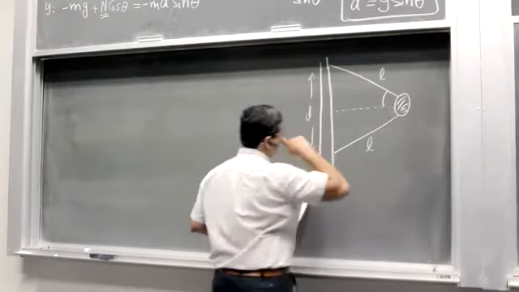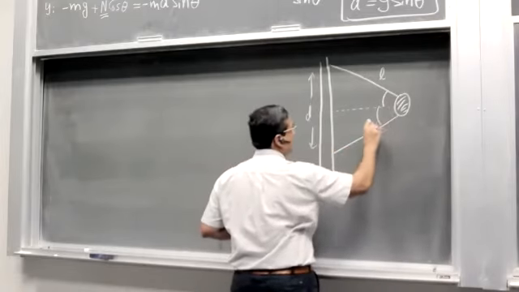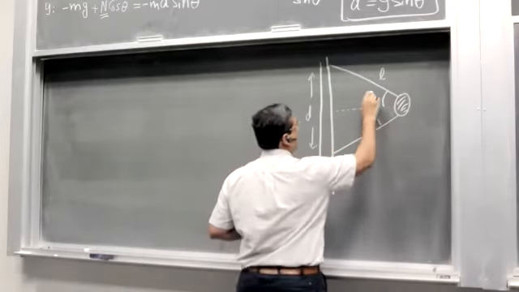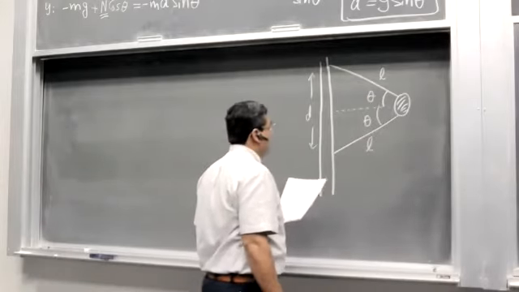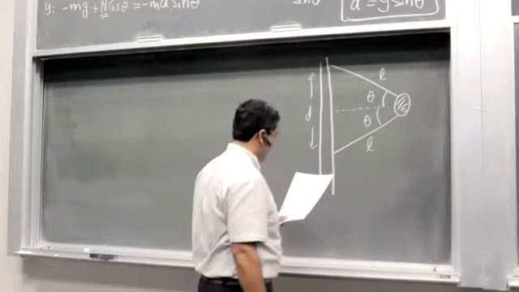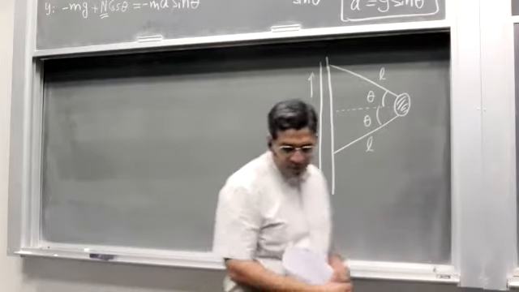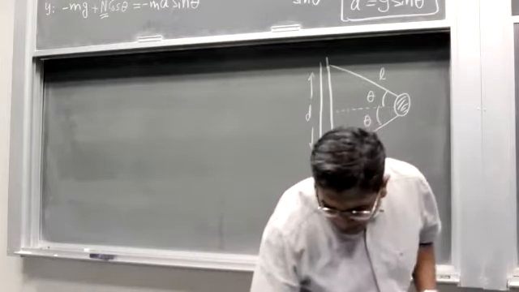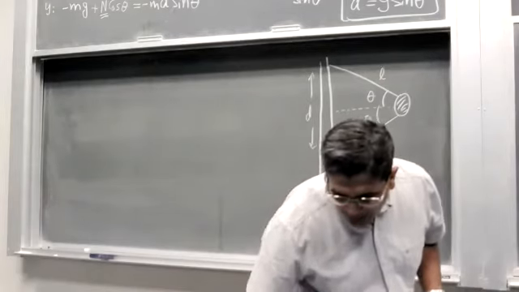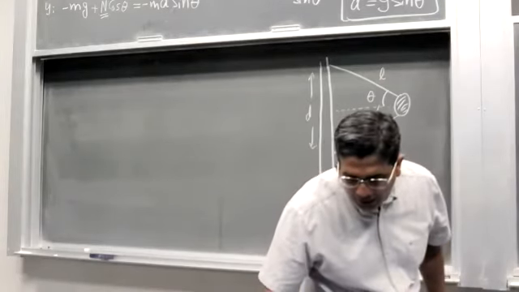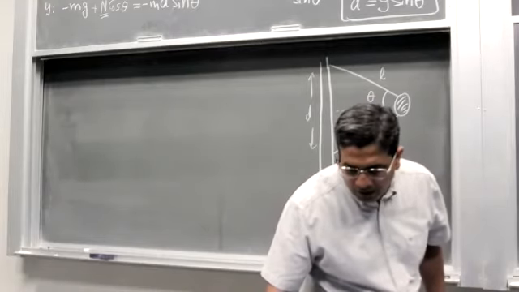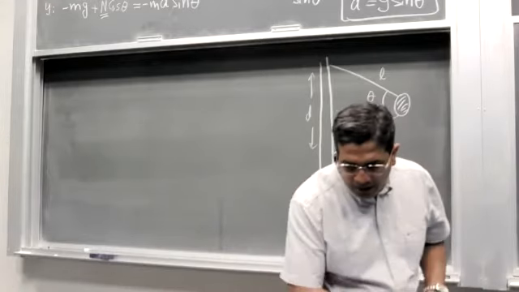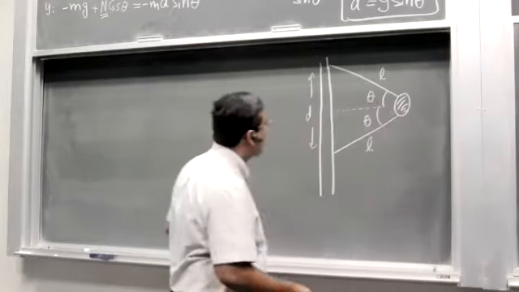And each rope makes an angle theta with the horizontal. And the question is, the strings are attached to a rotating rod. How fast should the rod rotate so that the ball does not fall down? Or in other words, both strings remain stretched. Find the tension in each string.